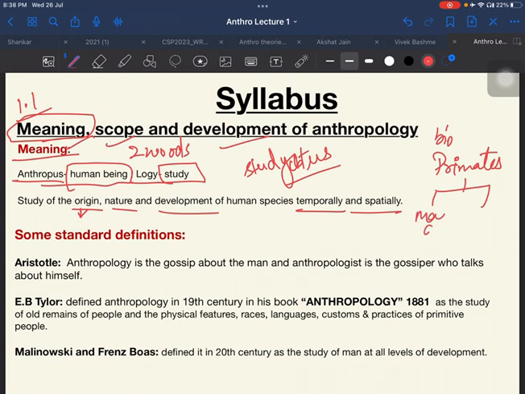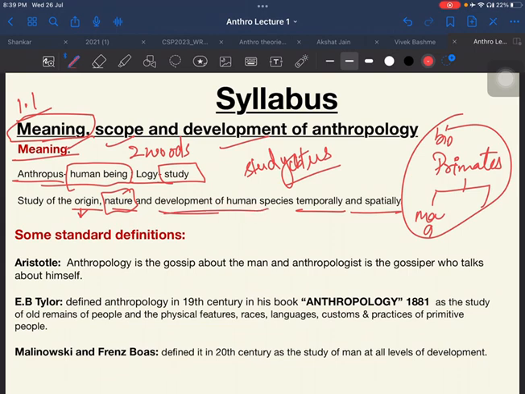There are monkeys, there are apes, gibbons, etc. So we will be doing the whole taxonomy here. Secondly, the nature of human species. Our nature as a human species is different from other species in many respects, but the main difference is of culture. Other species do not possess culture, but Homo sapiens do.